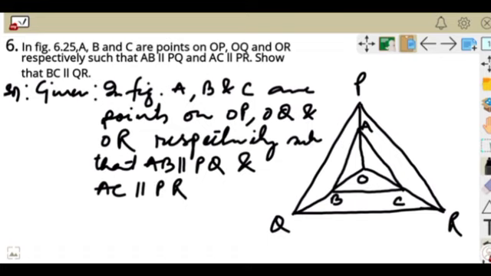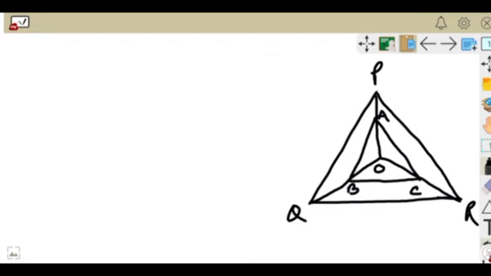Next we need to write to proof. What do you have to prove? We have to prove that BC is parallel to QR.